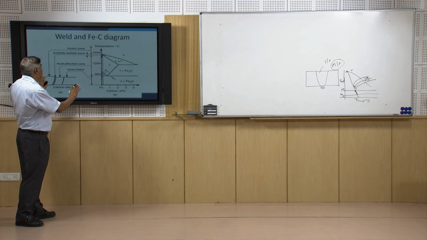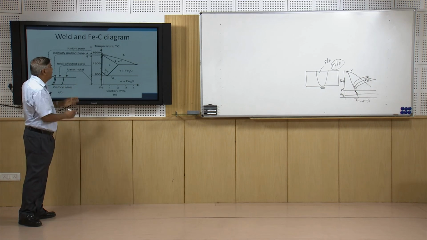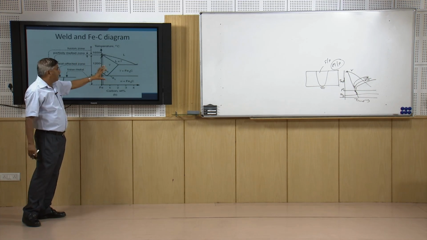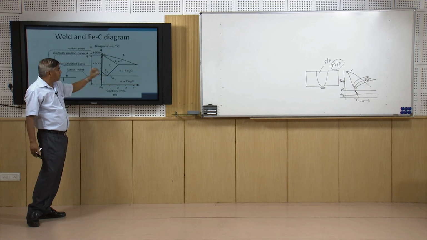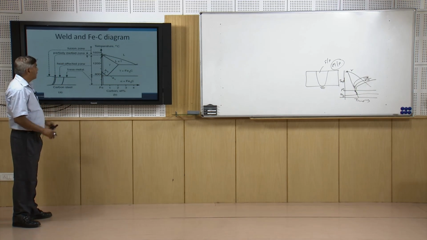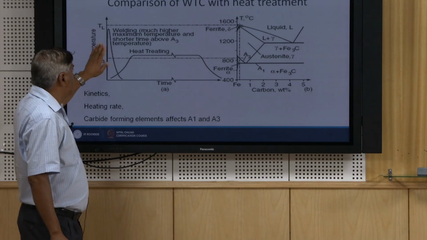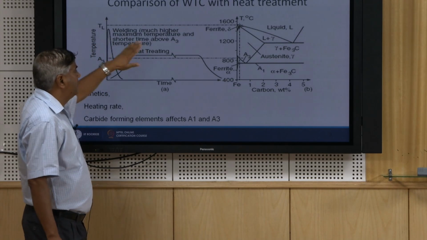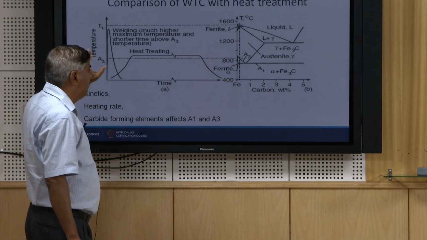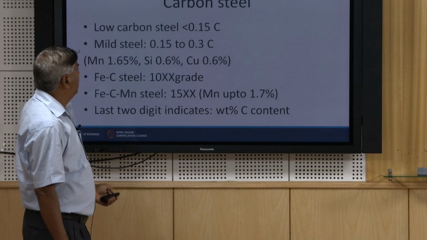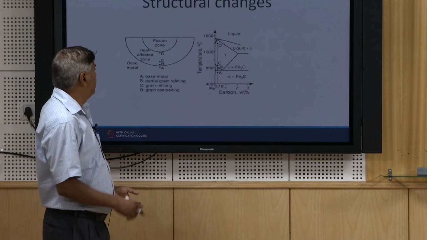So, this is the formation of the different zones and their relation with the iron carbon diagram. This is what I have already explained, that there is a lot of difference in terms of the weld thermal cycle and the heat treatment cycles used for the two cases.